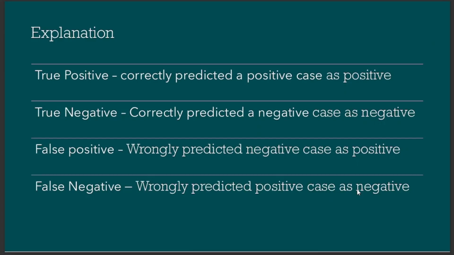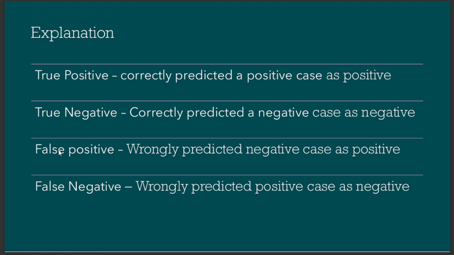True positive means the model predicted the value correctly, the model predicted it as positive, and it's also true. Coming to true negative, the model predicted a negative case correctly.